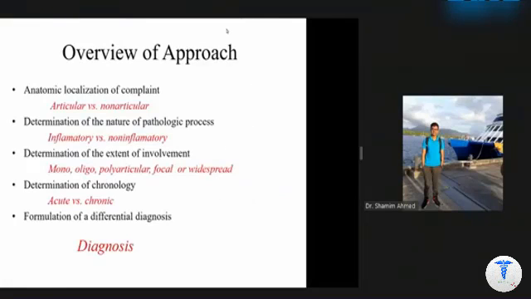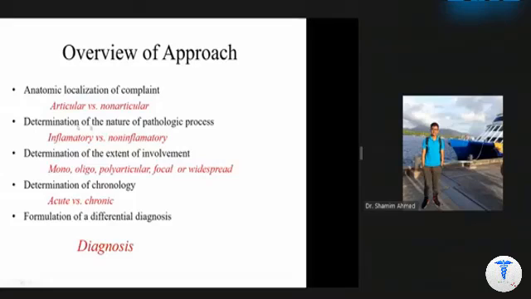Now, what is the overview of the approach? When a patient comes to a doctor with joint pain, our first priority should be anatomical localization of the complaint, whether this is articular pain or non-articular pain. That means it is periarticular or referred from a distant site.